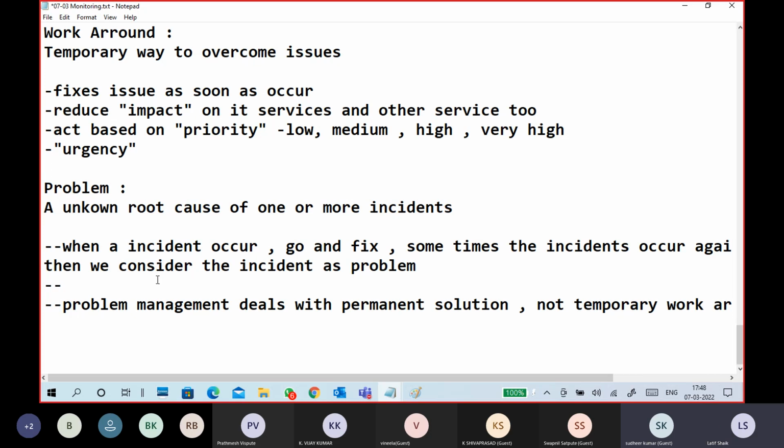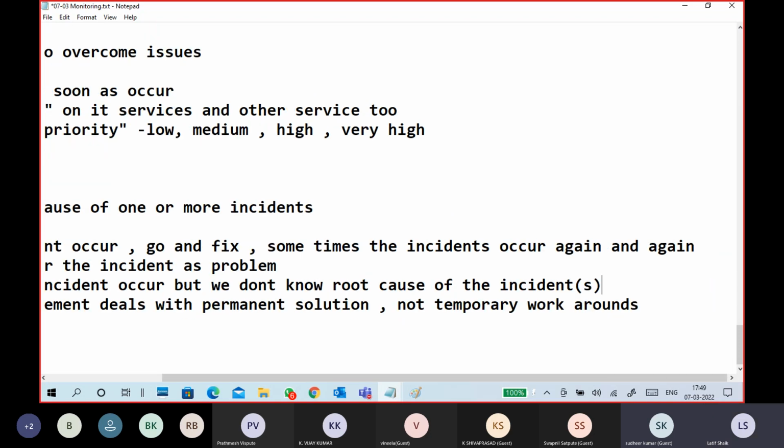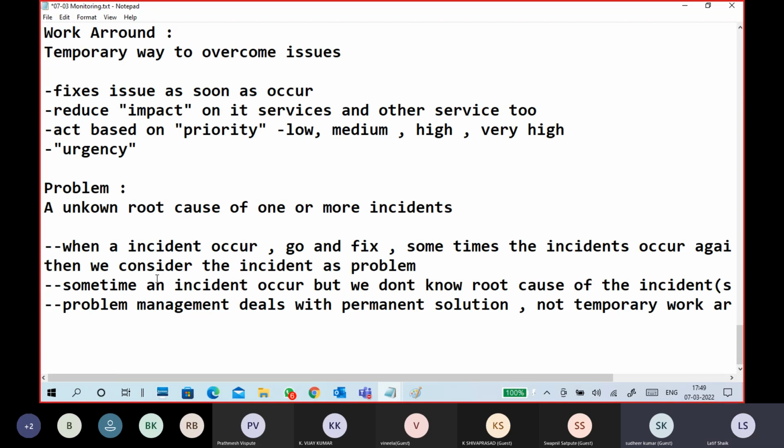Next, sometimes an incident occurs but we don't know the root cause of the incident. One incident or multiple incidents. It need not be a repeated incident.